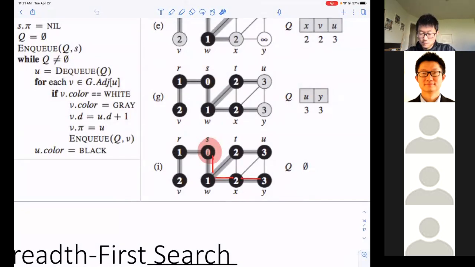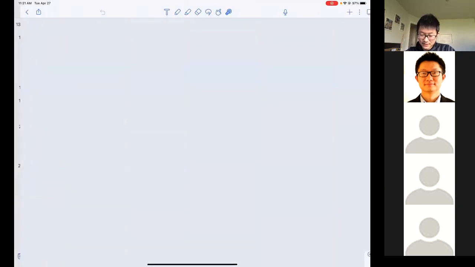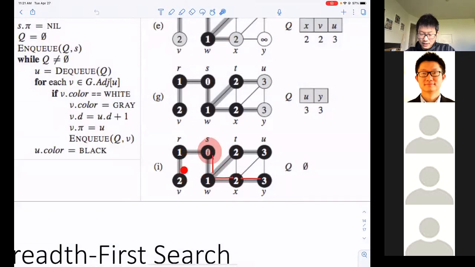Are there like different distances between each node? Yes. So here you can see that the input graph for the BFS algorithm is unweighted. So we say the minimum distance from S to Y is 3 because we need to go through 3 hops. So we basically treat each edge as the same.